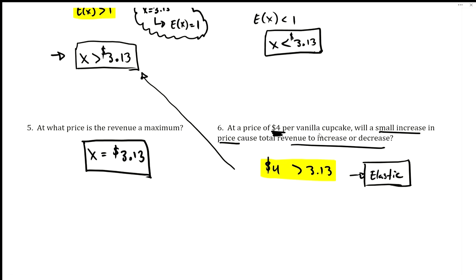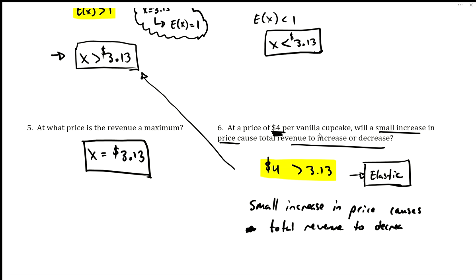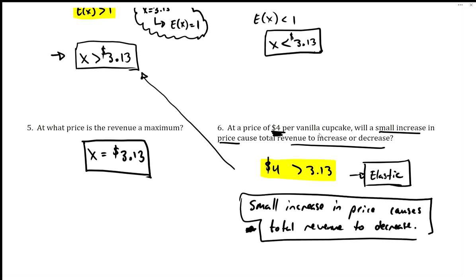Okay, so let's finalize it. Small increase in price causes total revenue to decrease. Okay, so there's the two connections. So elastic and this, again, mean the same, but just worded in a different way.